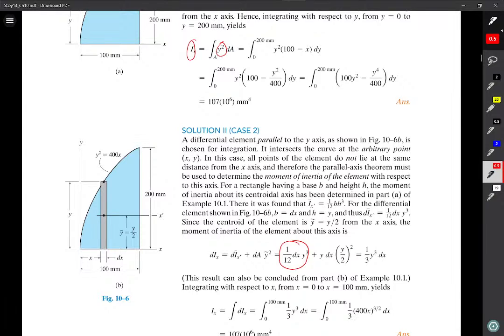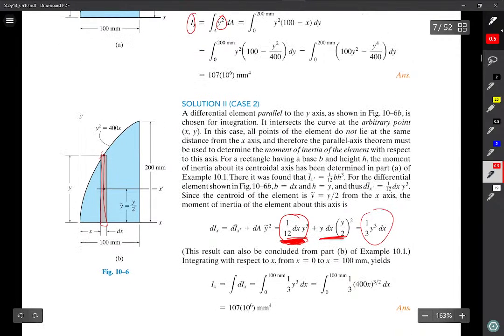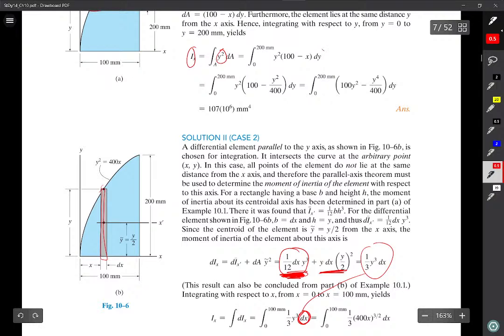In case 2, you've created a bar, you've found the I bar about it, you use the parallel axis theorem to get this, and then you took it and put it in there. So what he's forcing you to do is use the outer integral of dx. Up here, he's using the outer integral dy. There's no reason to work extra hard if you don't have to, so you can solve these either way.